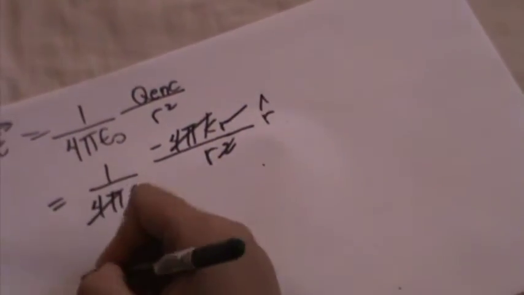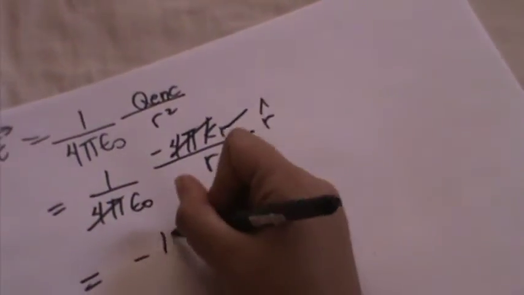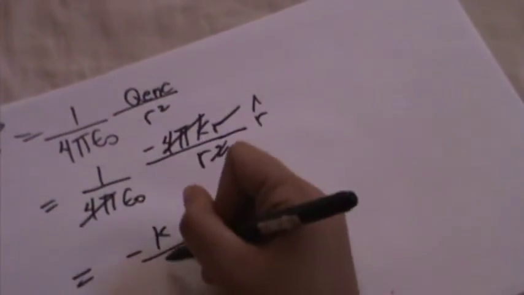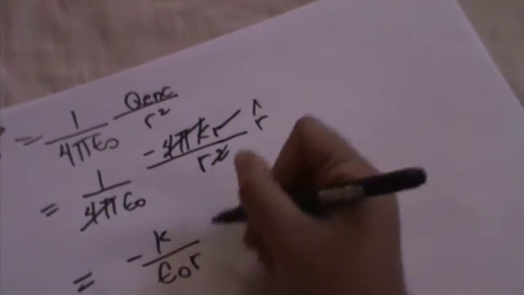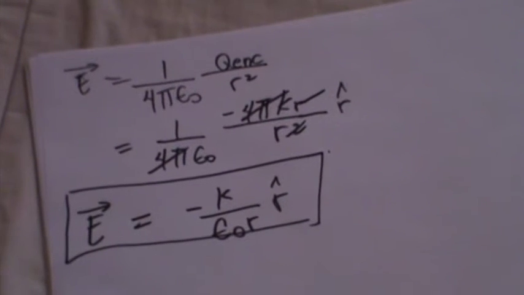So we're left with negative k over epsilon naught r and then r hat for our electric field. So we get the electric field in all bound charge. This is for just the first method.